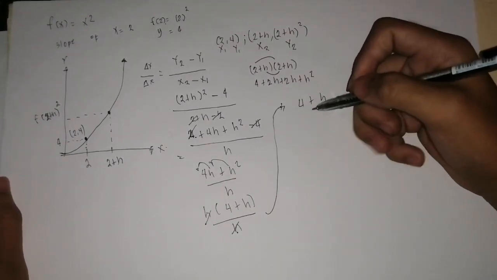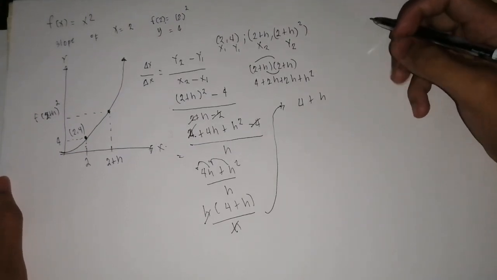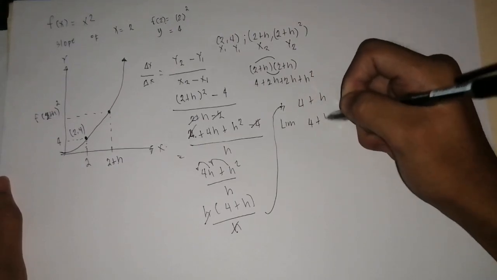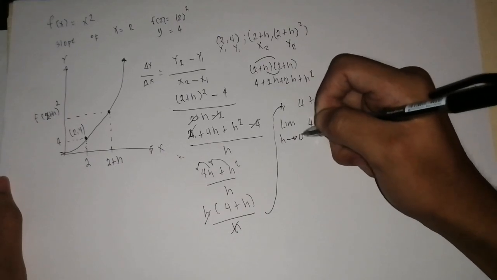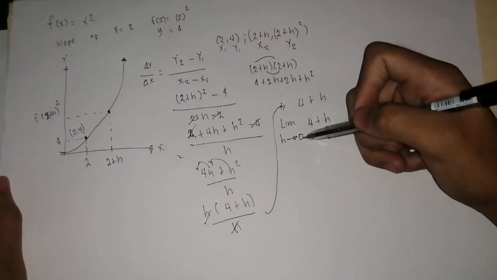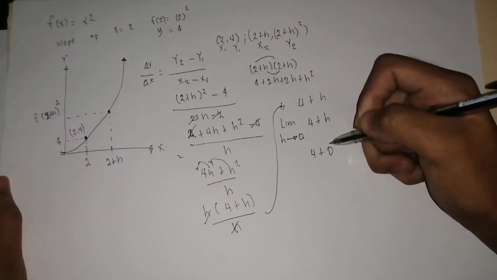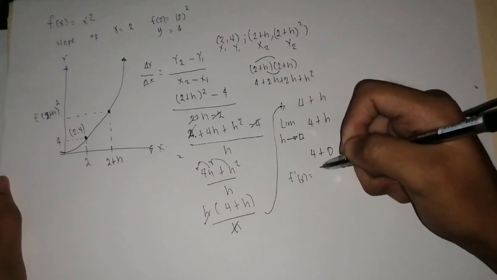And sabi, as closer to closer, gagamitan natin siya ng limits. So, the limit of 4 plus h as h approaches 0, yung h, substitute lang natin siya ng 0, then 4 plus 0, then ang kanyang derivative is 4.